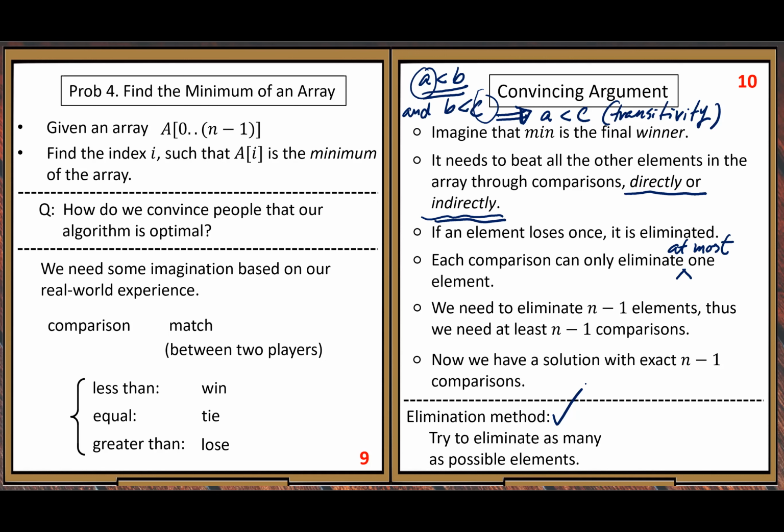So after a certain number of comparisons, if we get enough information to say that certain elements cannot be the candidates, we can eliminate them from consideration.